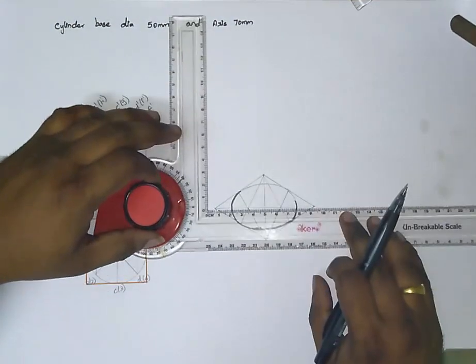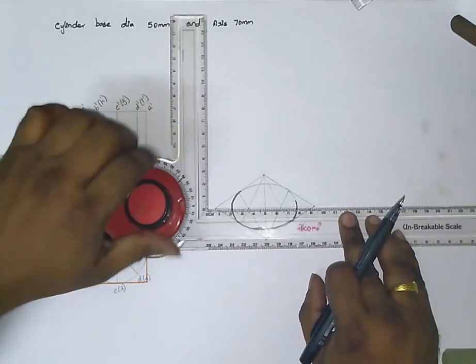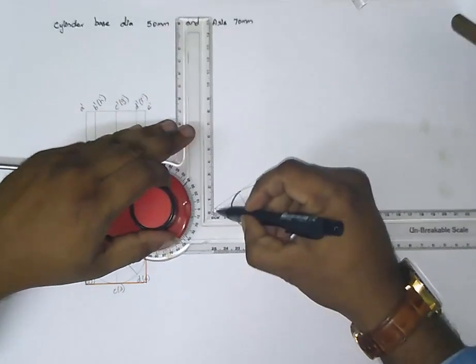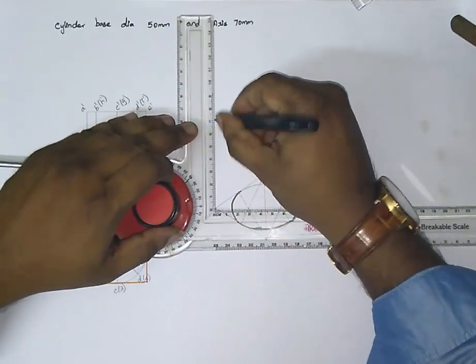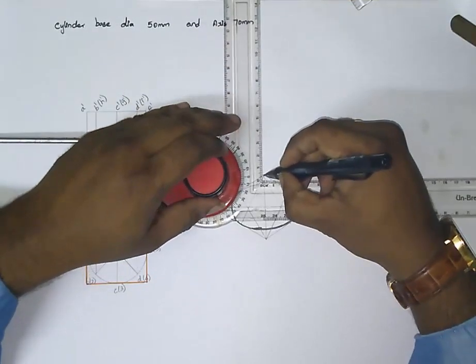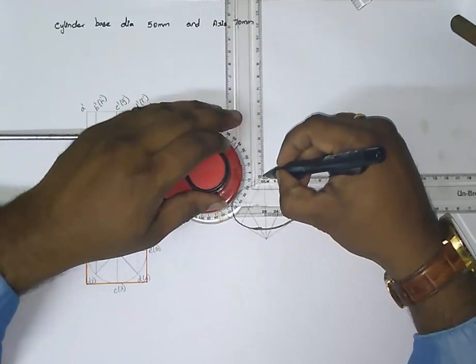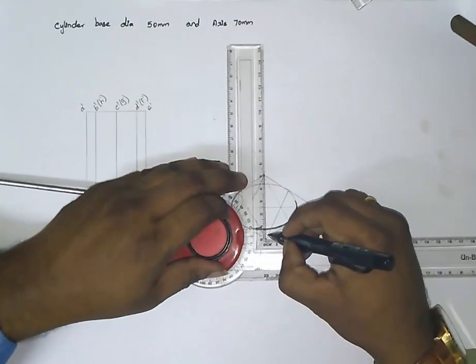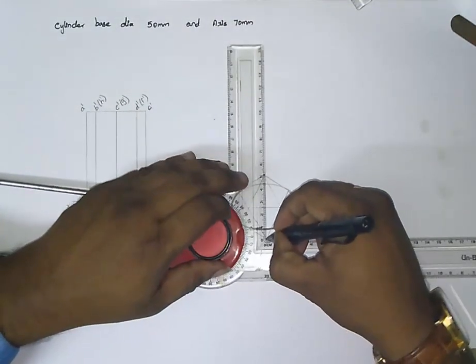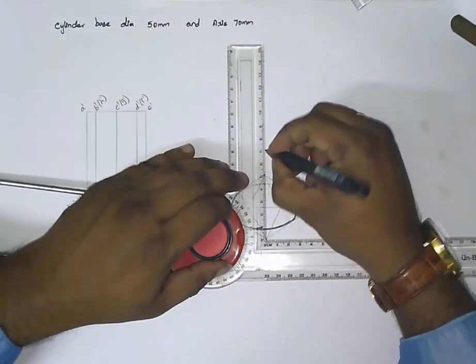So first thing, from this point mark a 70 mm point, and from this point mark a 70 mm point here, and from this point mark a 70 mm point here.